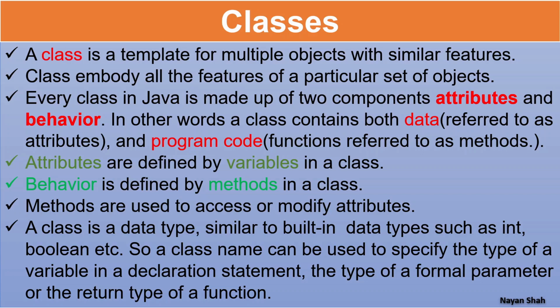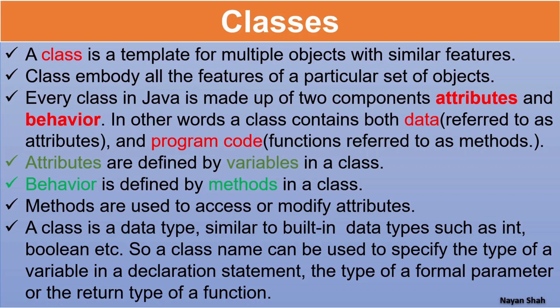And whenever you want to write any attributes or behavior, that is variable or method, that must be enclosed within a class. Attributes are defined by variables in a class, and behaviors are defined by methods in a class. Methods are used to access or modify attributes. So what is the use of creating a method?